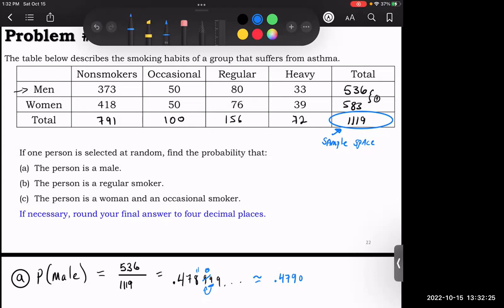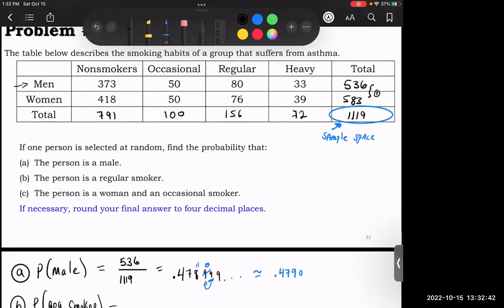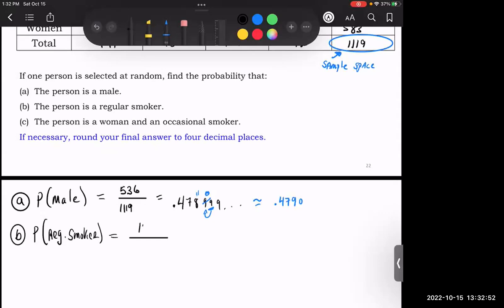That's part A. For part B, it states find the probability that the person is a regular smoker. So how many different ways can we select a regular smoker based on our table? 156, and you divide it by your total, your sample space.